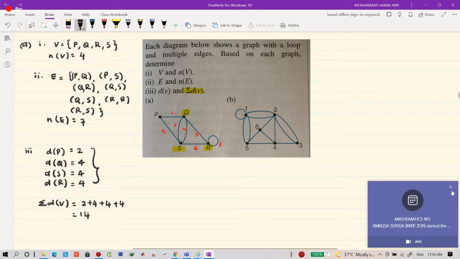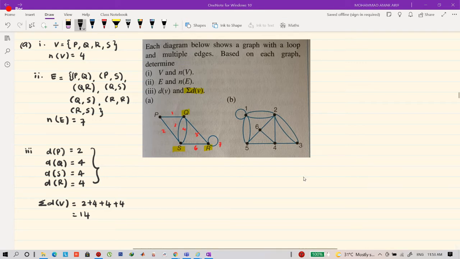Okay, daripada sini juga dia ada satu cara untuk awak kira summation of vertices ni dengan cepat, which is this formula. So summation of vertices, degree of vertices, sama dengan 2 times numbers of edges.